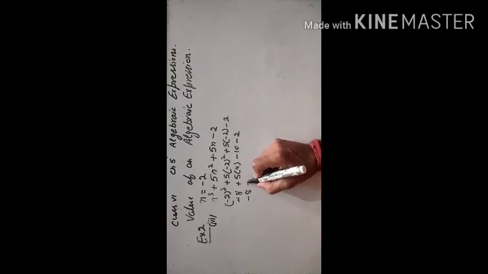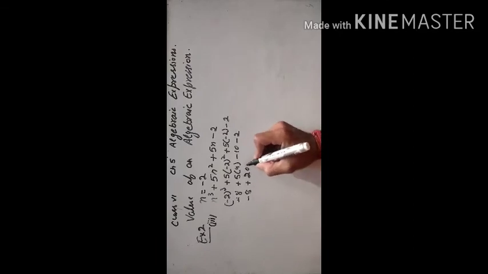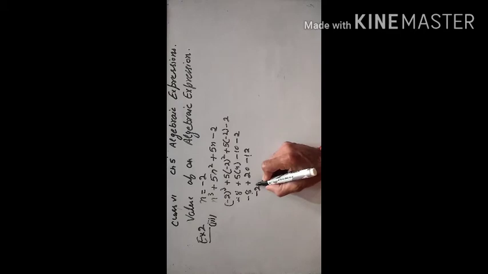Minus 8 plus 20 minus 12, that is minus 8 plus 8, answer is 0.